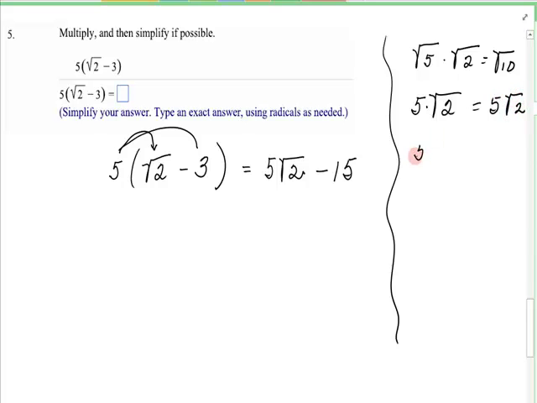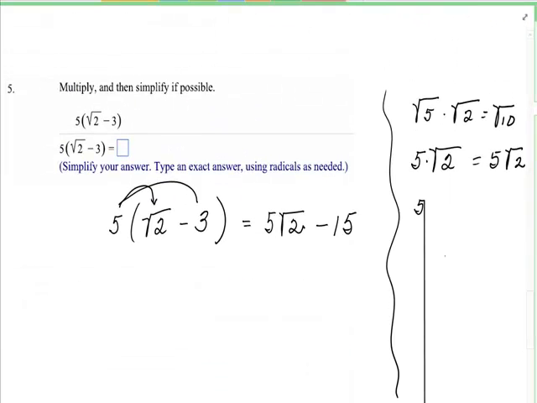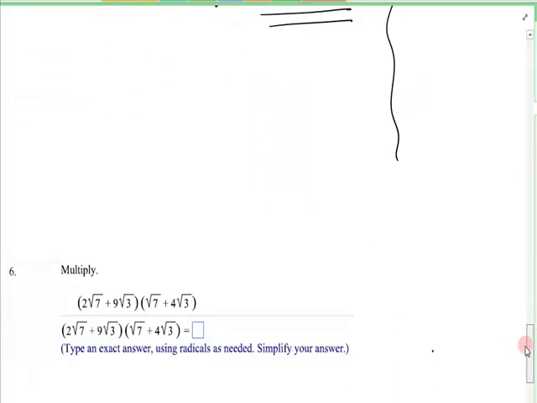And of course, if you have 5 times 2, where they're both rational, you get 10. So notice, when they're both irrational, meaning they're radicals, you can multiply the radicands. If one's outside and one's inside, that's all that can happen. And if they're both rational, you can multiply them. Okay, so there's nothing more I can do with that number 5.